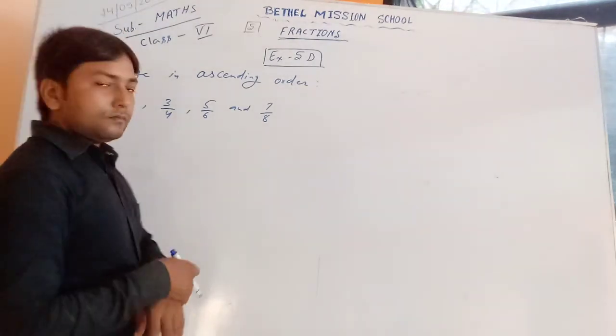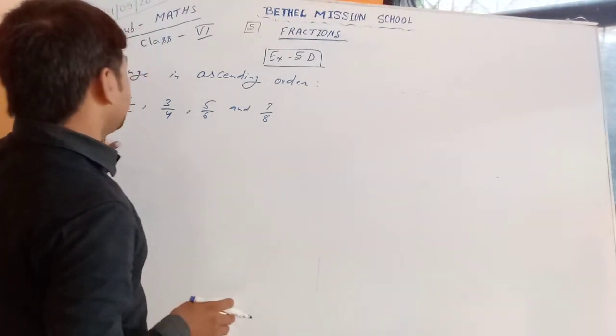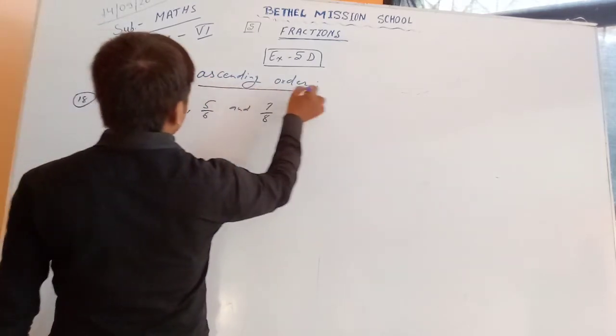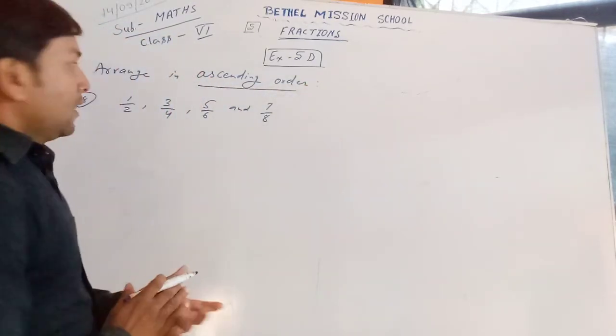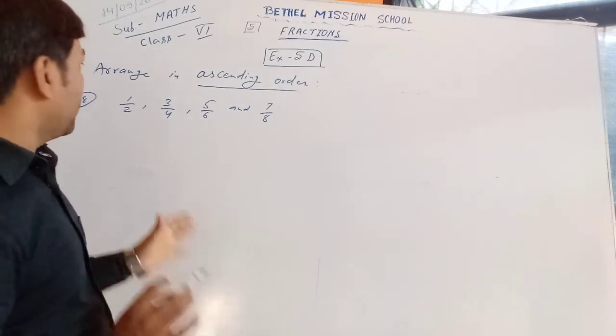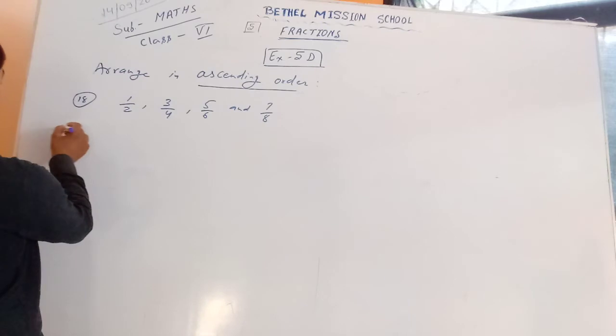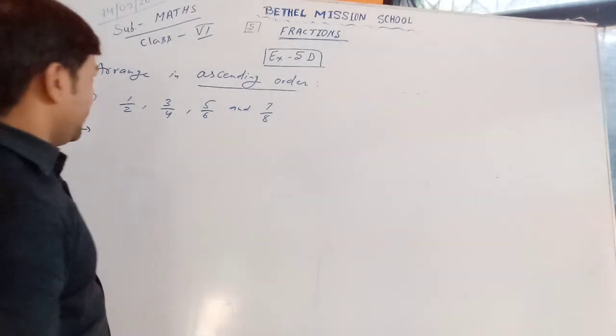Now I have taken question number 18. The question says to arrange in ascending order. So the first work that you have to do is convert into like fractions.